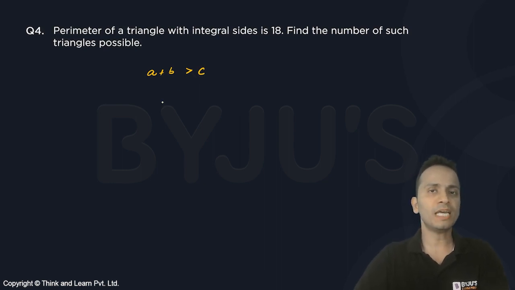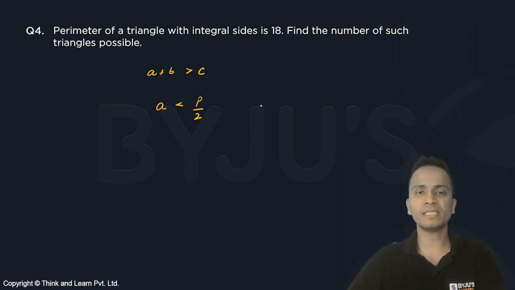The second property that will be used is, every side of a triangle should be less than half the perimeter. Okay, so the side can also not be equal to half the perimeter. It has to be less than half the perimeter. Now, using the second property, I can say that every side will be less than 18 upon 2.